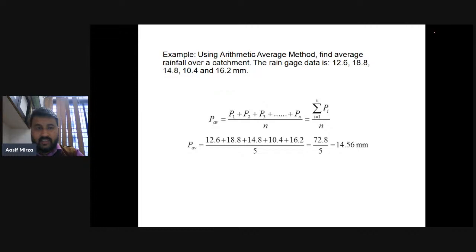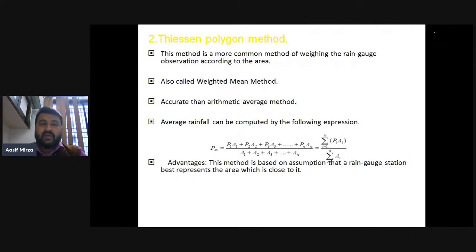Now move towards another method of calculating the average rainfall, that is the Thyssen polygon method. This is a more common method of weighing the rain gauge observations according to the area, which is also called the weighted mean method.